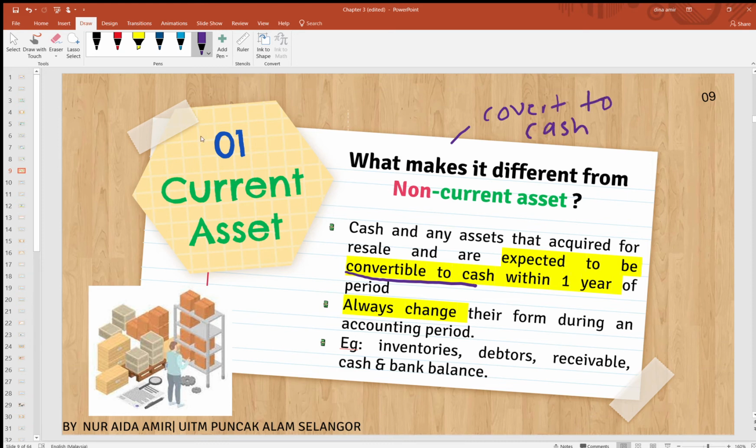Bukan more than 1 year, tapi less than 1 year. Tadi non-current asset is more than 1 year. Okay, non-current asset is more than 1 year.